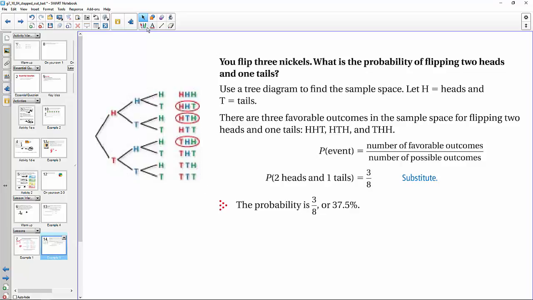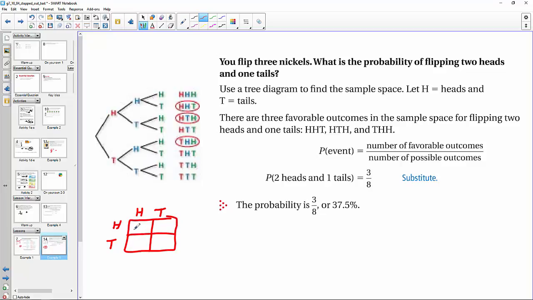Another way to do this, just so you know, which a lot of people like instead of tree diagrams because those are kind of hard for some people to make, is you could do something called a Punnett square. So you kind of draw it like this. This is my first flip. And this will not represent 3 coins. It will only represent 2 coins. So I put down heads, heads, heads, tails, tails, heads, tails, tails.